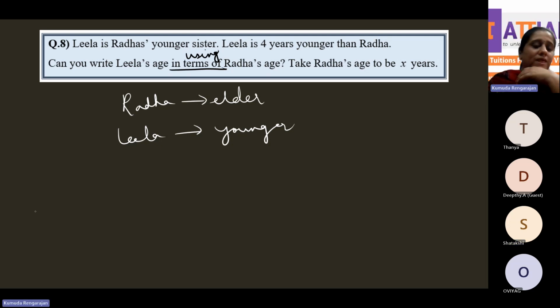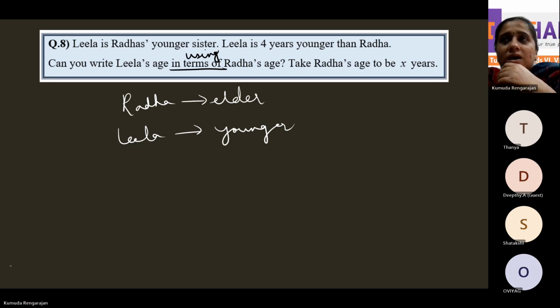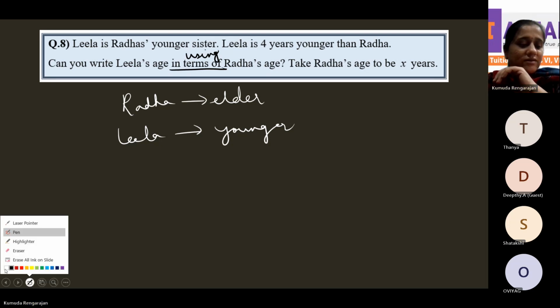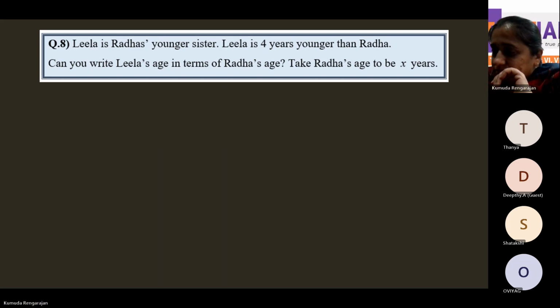Okay. Let me ask you a question, Satakshi. So you are 12 years old, right? Now you have a cousin or a friend who's 4 years younger to you. What will be her age?